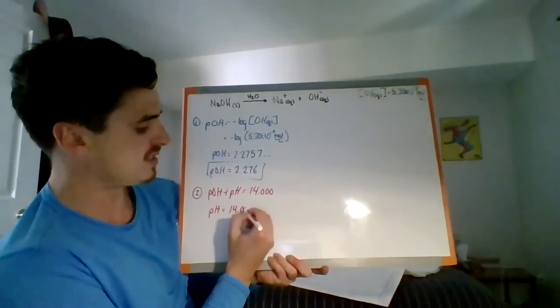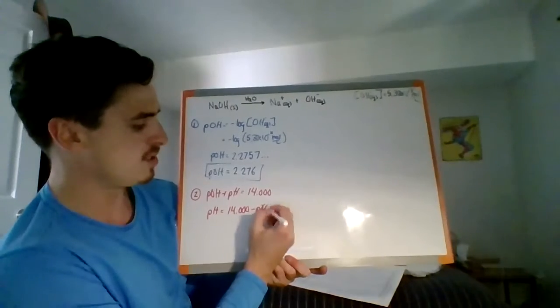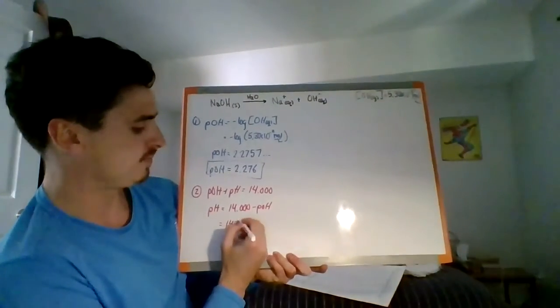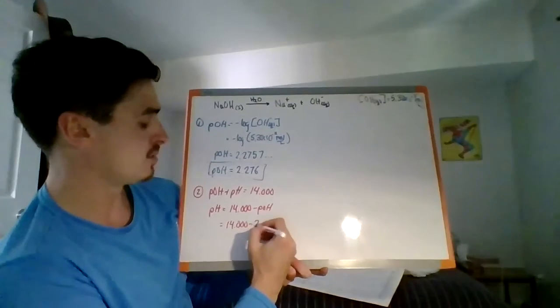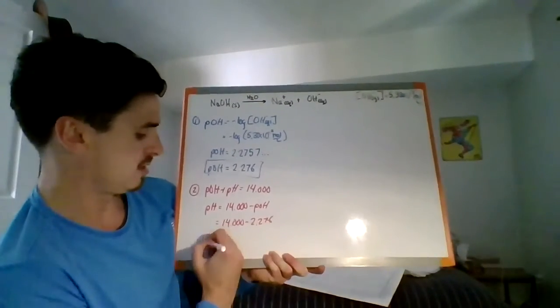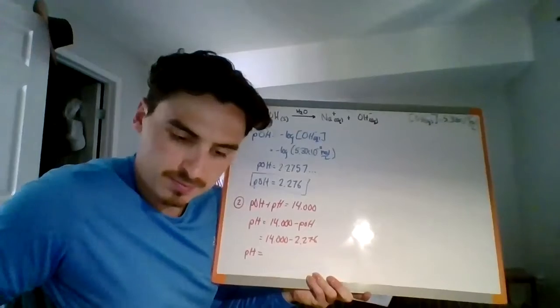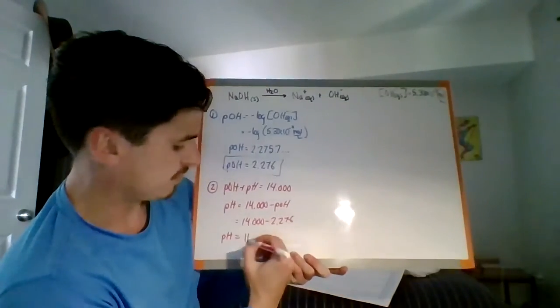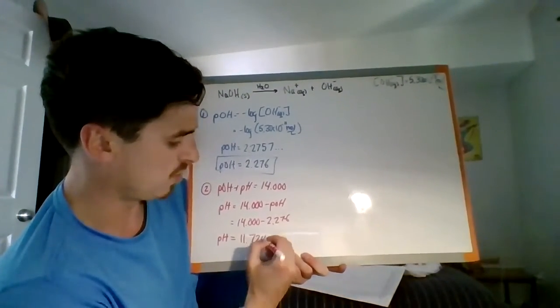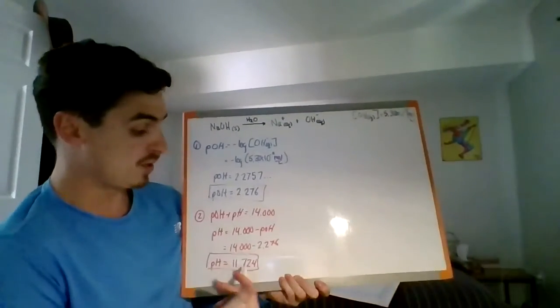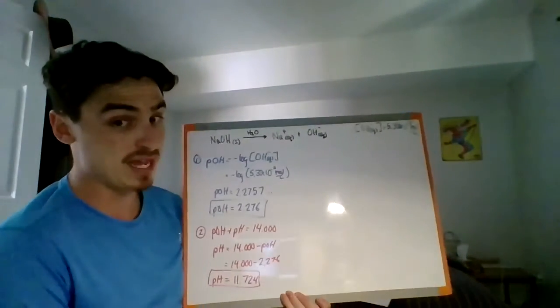So pH is 14 minus the pOH, 14 minus 2.276. pH is 11.724. Easy. Okay. Well, if the pOH is low and the pH is high, this is definitely a base, right?